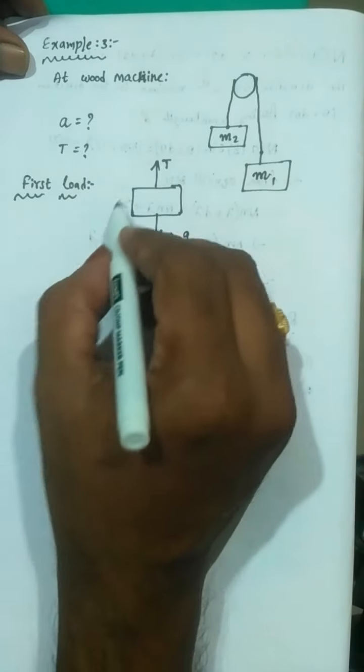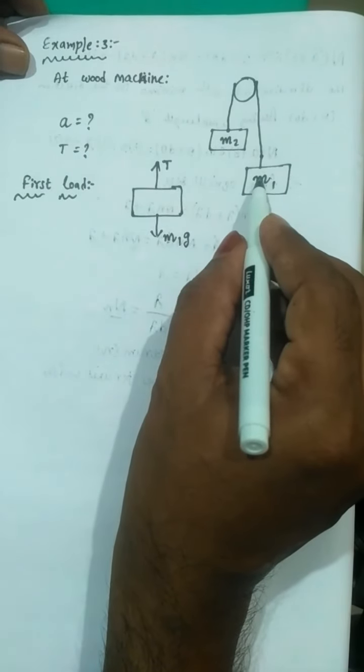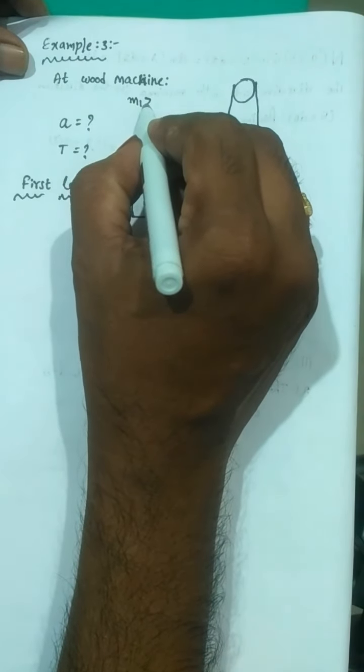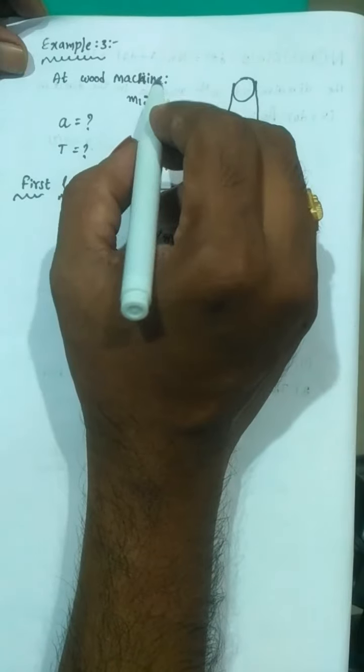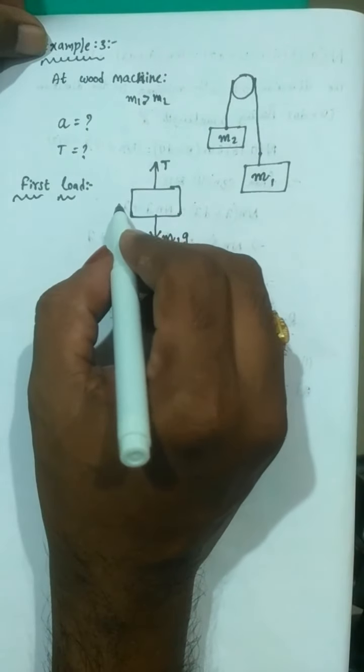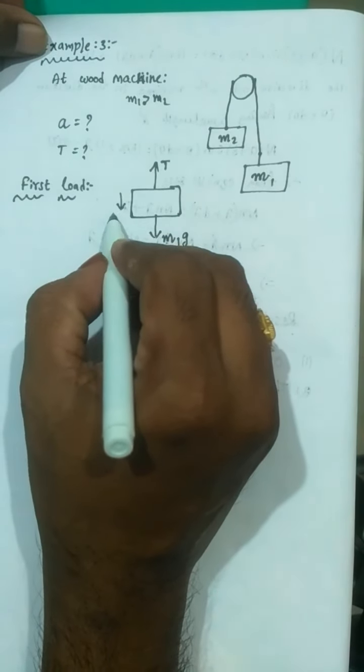That is m1g, the weight. The given condition is that m1 is greater than m2, so it is pulling, and that's why the acceleration is also towards the earth.